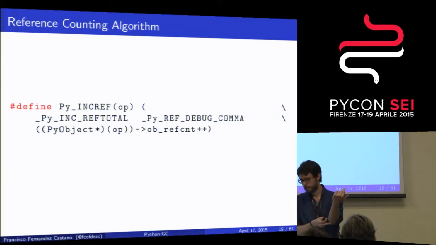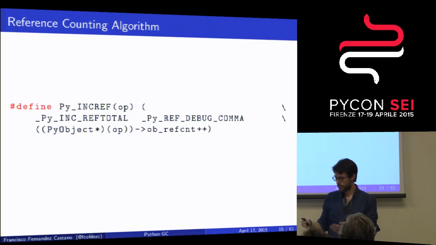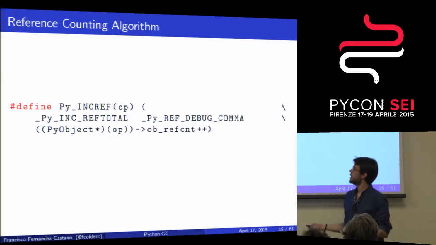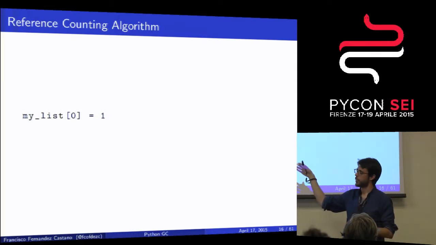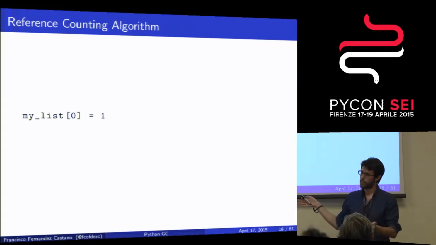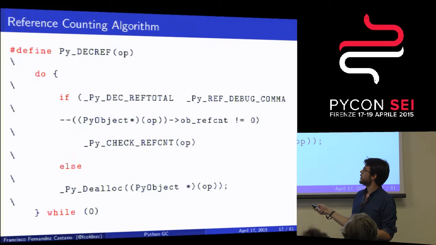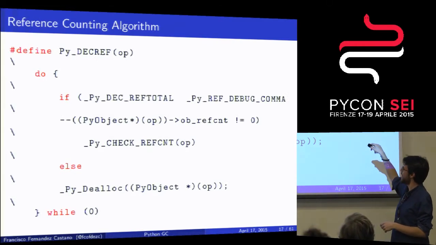But when these references are released, once we stop using these objects, this counter is decremented by 1. So, for example, now my list doesn't hold this object A anymore. What does CPython do internally? It decrements this counter by 1 using this macro. Don't be scared.